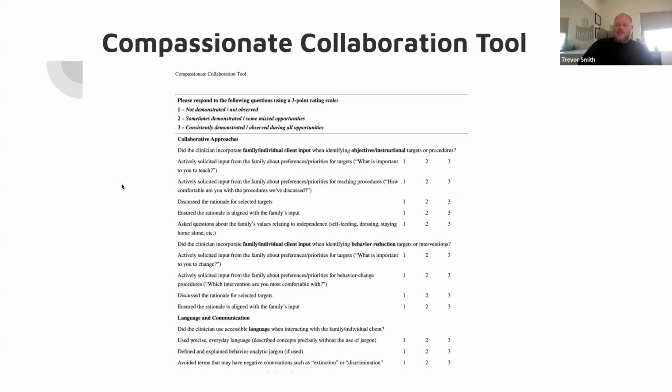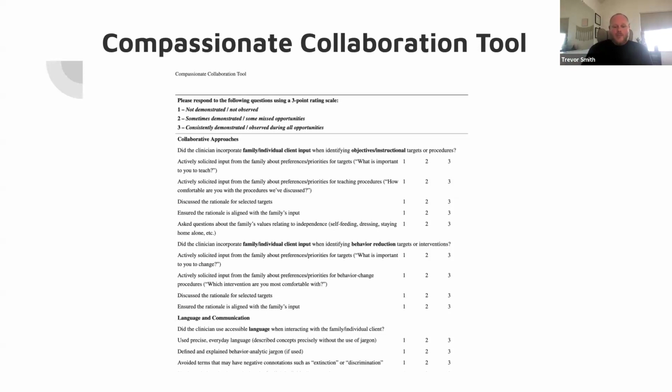So yeah, each section of this tool focuses on a different aspect of your interactions with the family, like during an interview process. So it's ensuring that the things you're doing involve the family. You're not just sitting there telling them what your plans are.